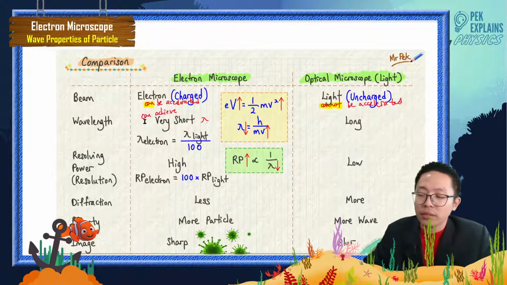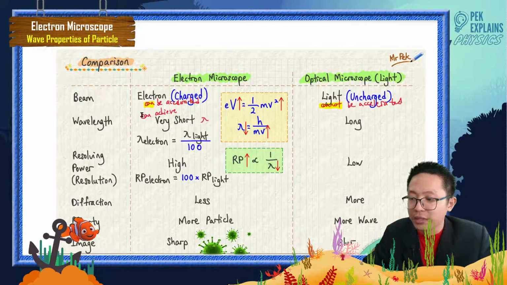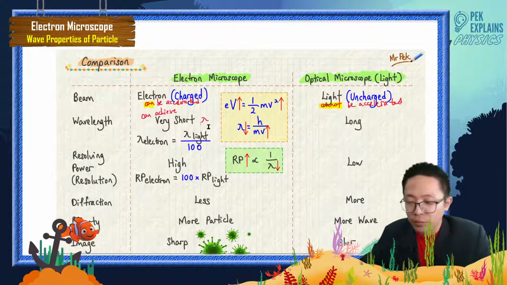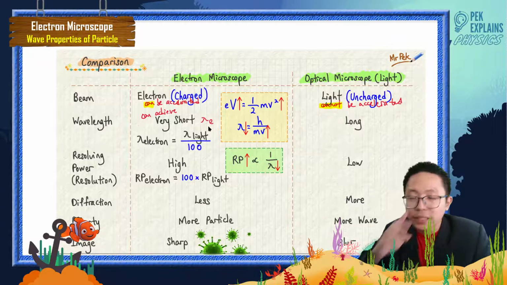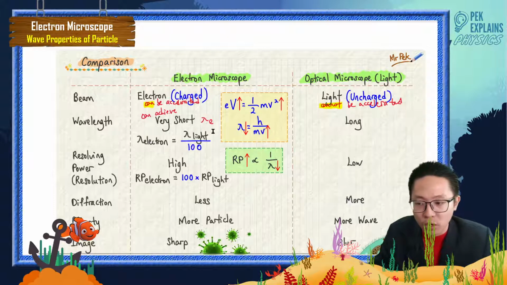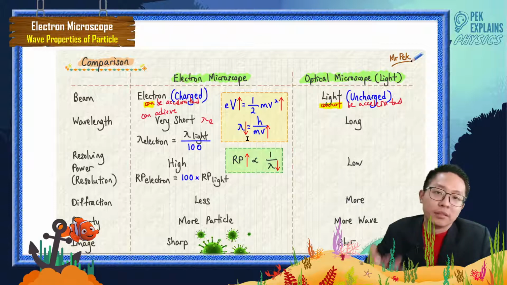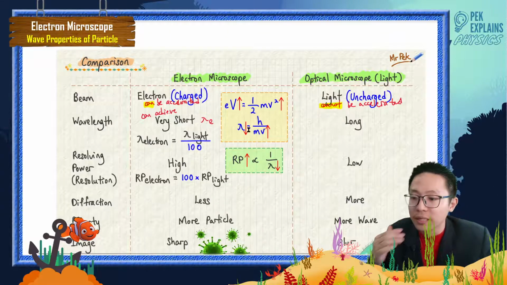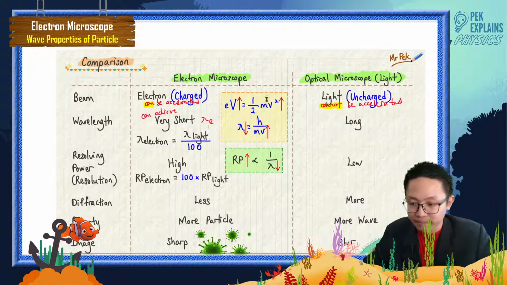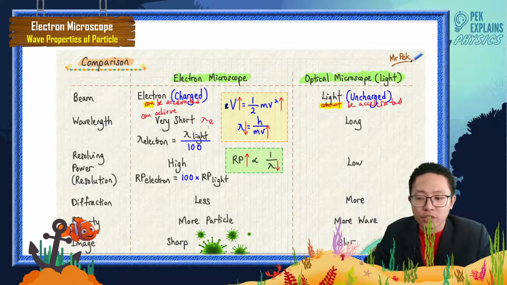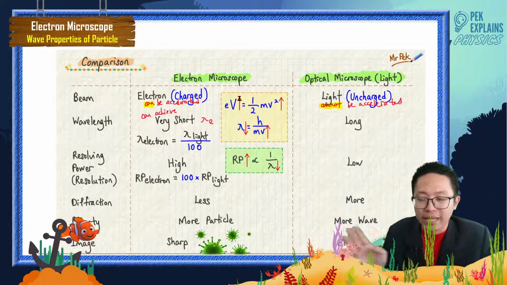The electron can achieve very short wavelength. How to achieve small wavelength of electron? By accelerating chamber. Remember the accelerating chamber, which is using this formula, eV equal to half mv square. That means you apply a very high voltage, potential difference between the cathode and anode.